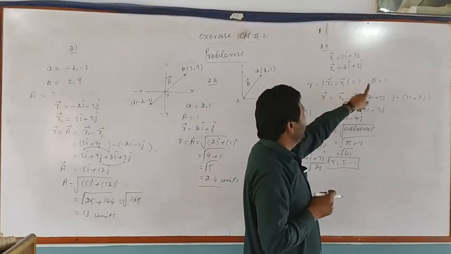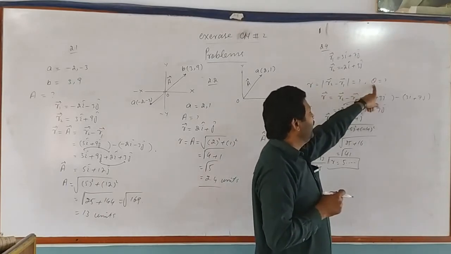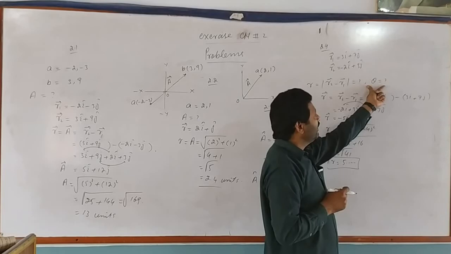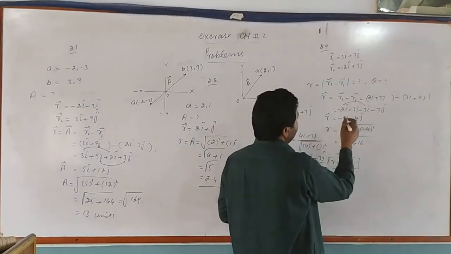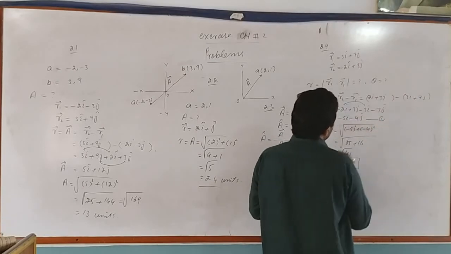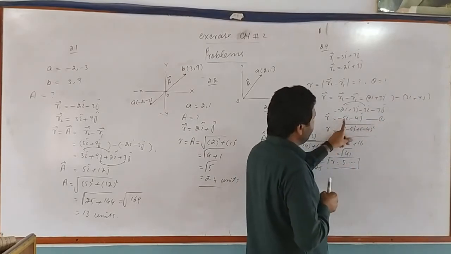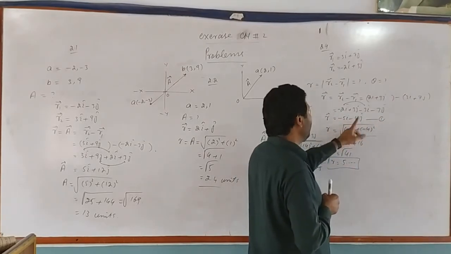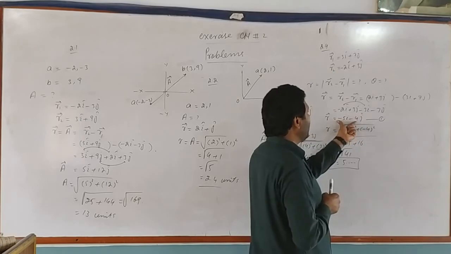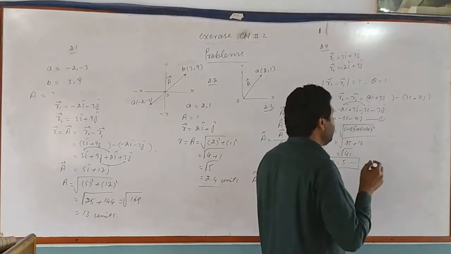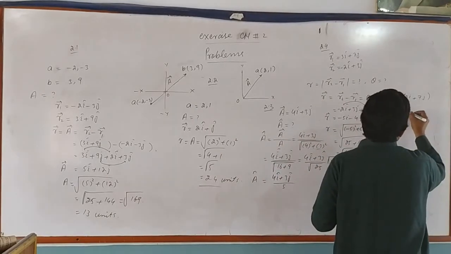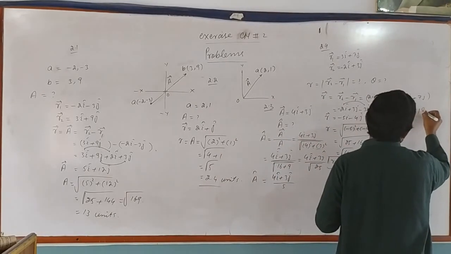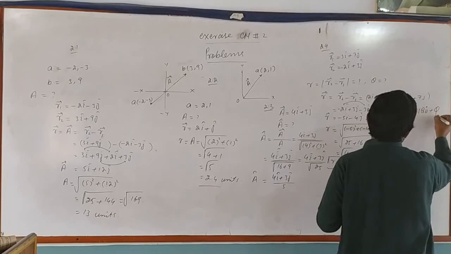As we have to find theta, meaning the orientation of the vector with respect to the x-axis, we know the position vector R has coordinates minus 5 and minus 4, both negative, so the vector lies in the third quadrant, and its direction will be calculated by the formula theta is equal to 180 degrees plus phi.